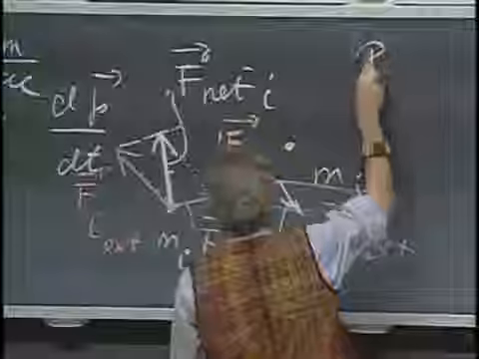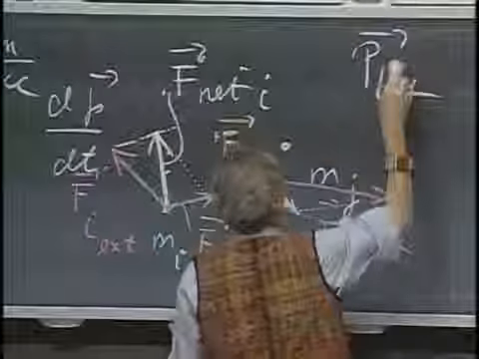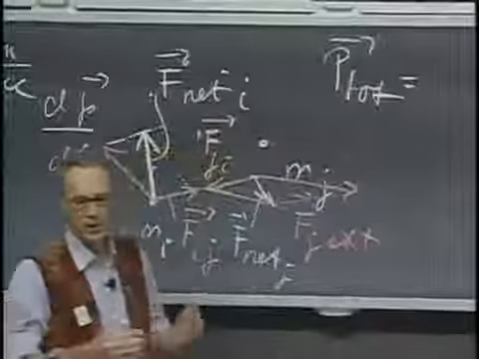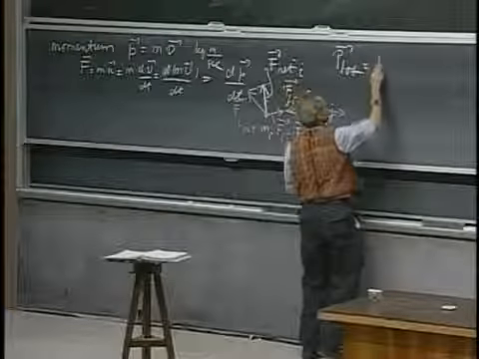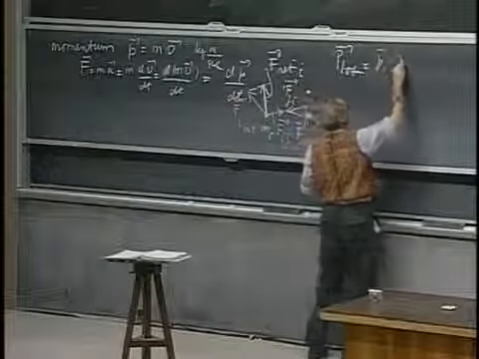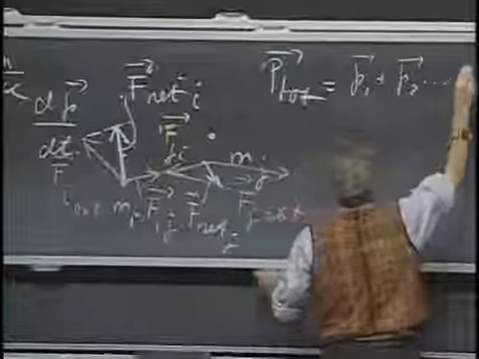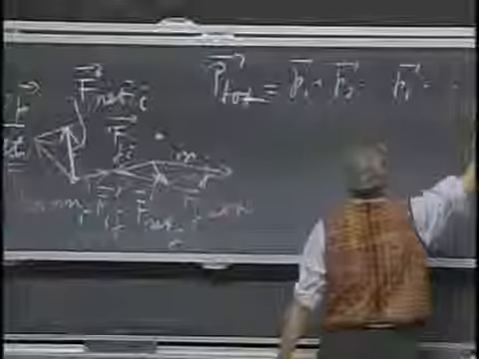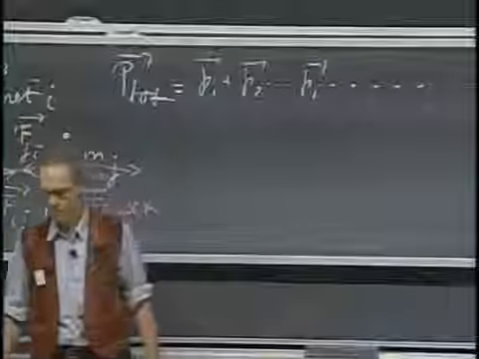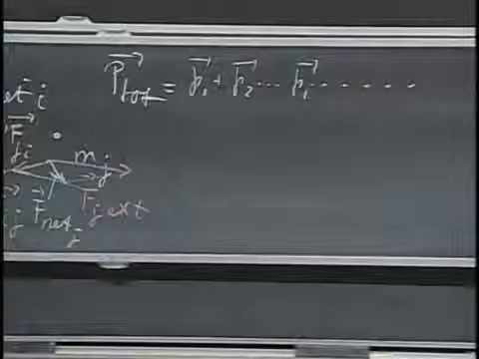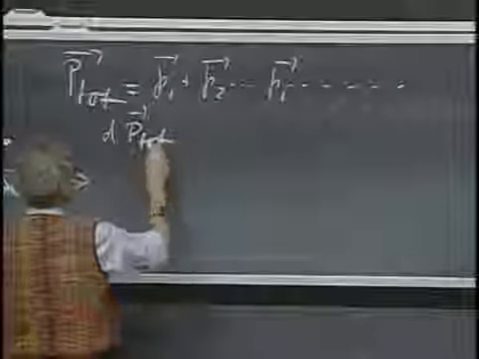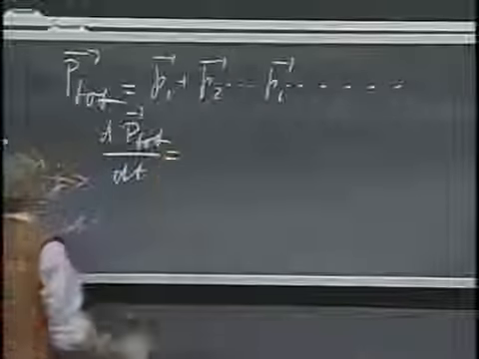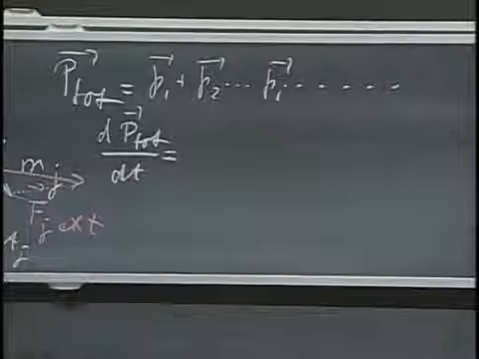What is the total momentum of these zillions of particles? Well, that's the sum of the individual momenta. So that is p1 plus p2, up to pi, and you have to add them all up. I take the derivative of this, dp total/dt, that is dp1/dt. Well, that's the force on number 1.